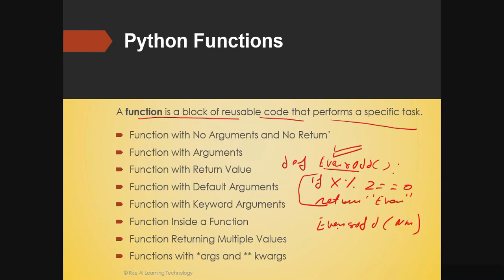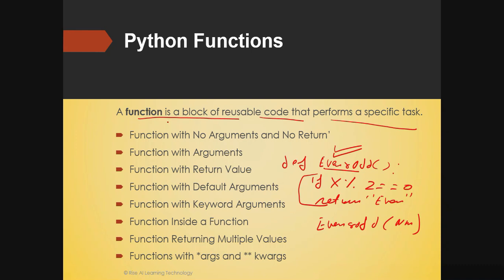So the main concept behind this is that the code you write is reusable and can perform a specific task. Like this method is doing a specific task: identifying whether the number we are passing is odd or even.